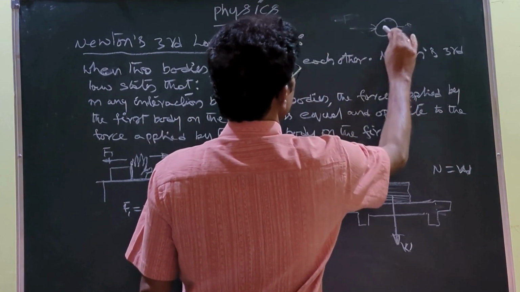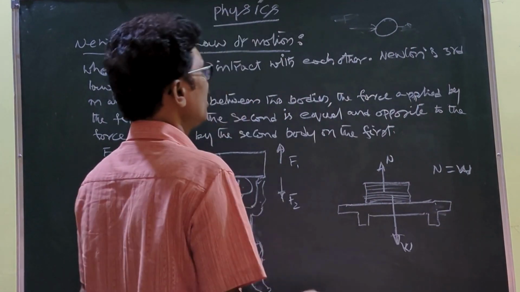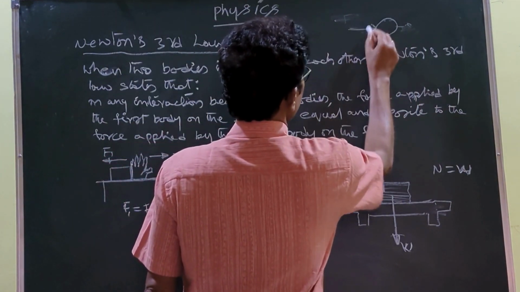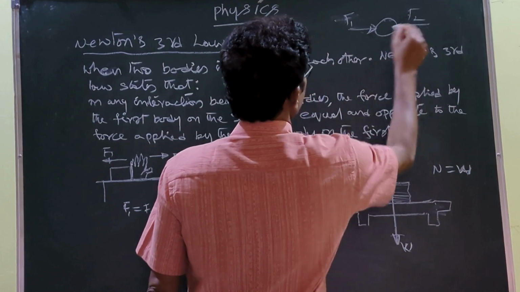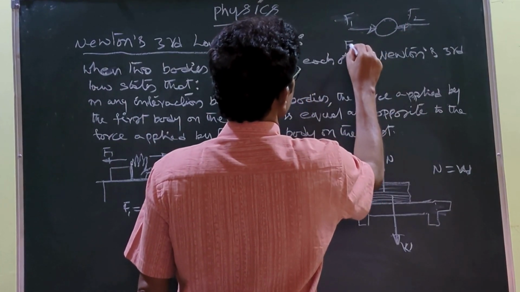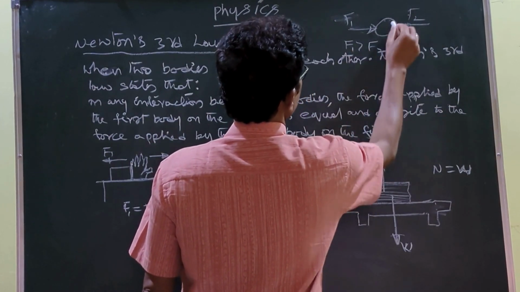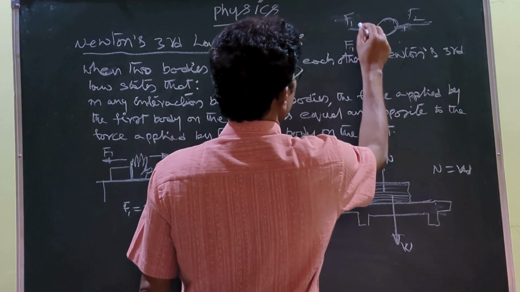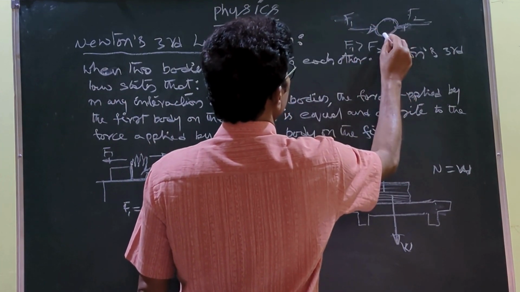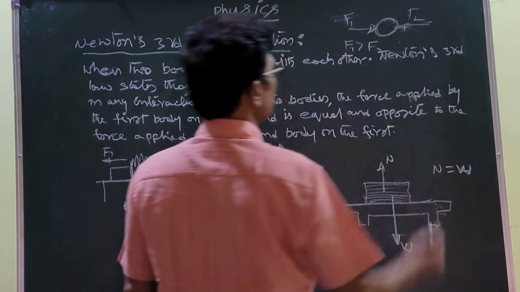If there is no force, it keeps on in the rest condition. If you apply force F1 in this direction and force F2 in the other, and F1 is greater than F2, the object gets acceleration in the F1 direction. So that is the statement.